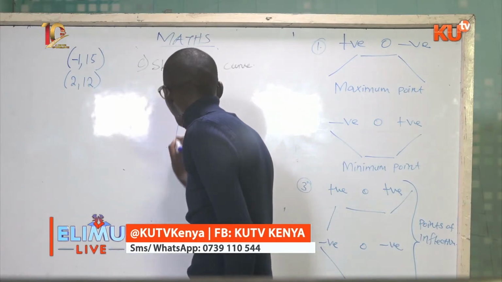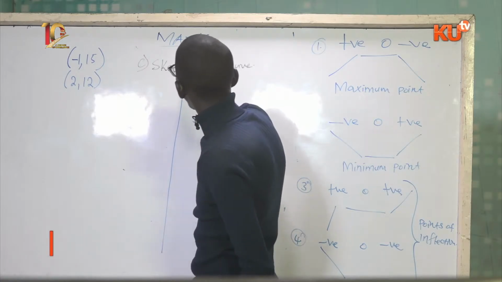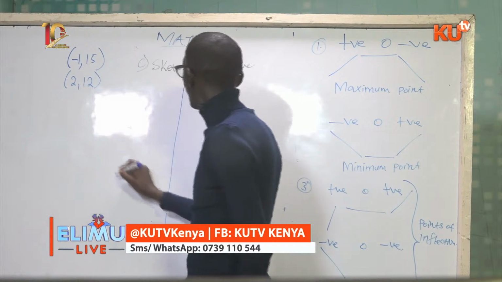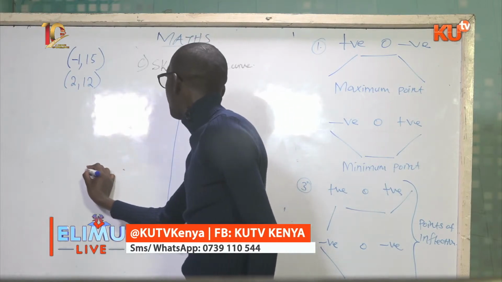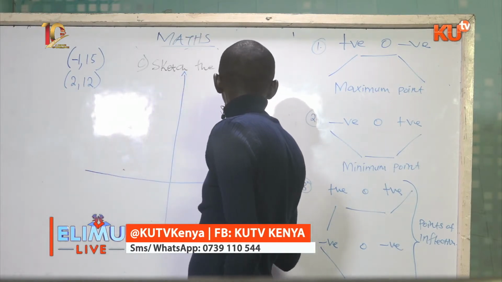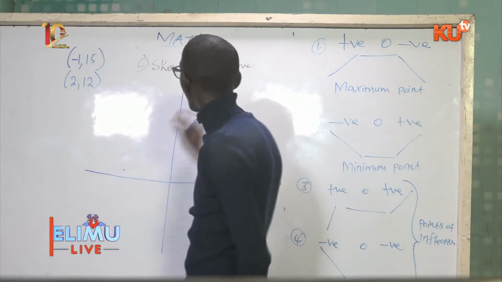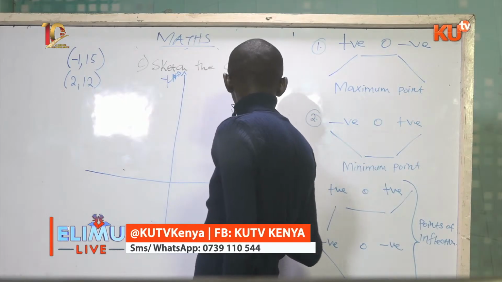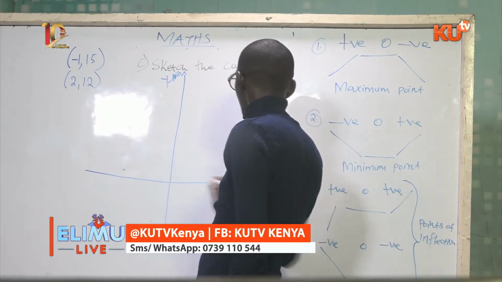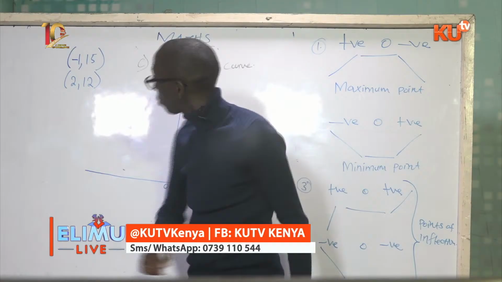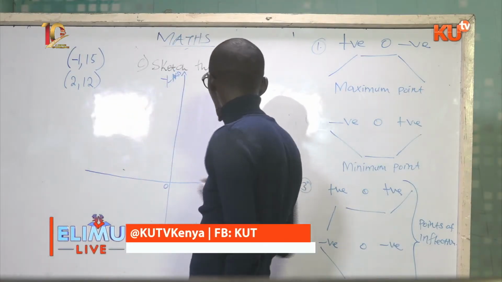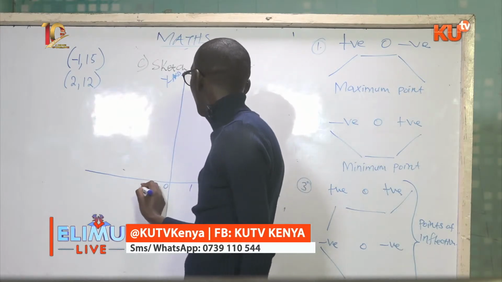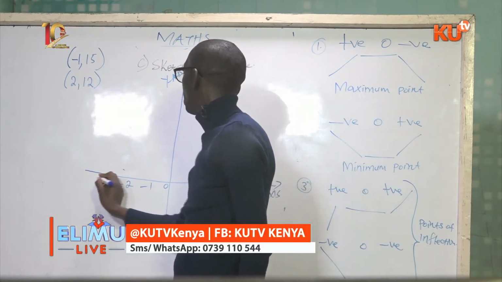You draw the Cartesian plane. We have the x-axis and we have the y-axis. This is the y-axis, and this is the x-axis. 0. The highest value of x is 2, so you can say 0, 1, 2, 3, and -1, -2, -3.